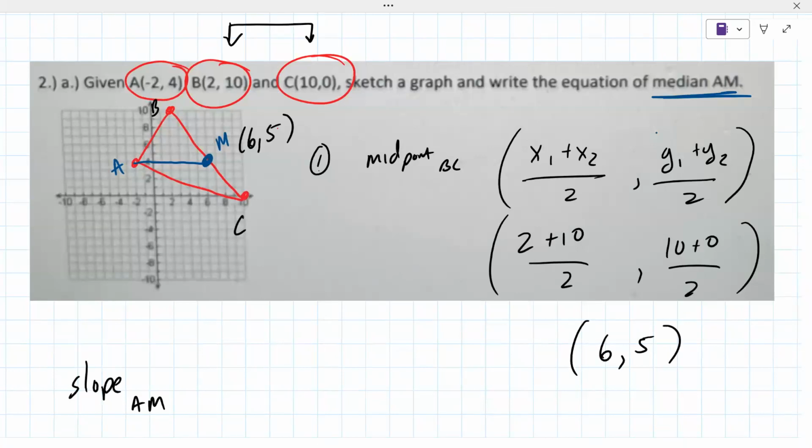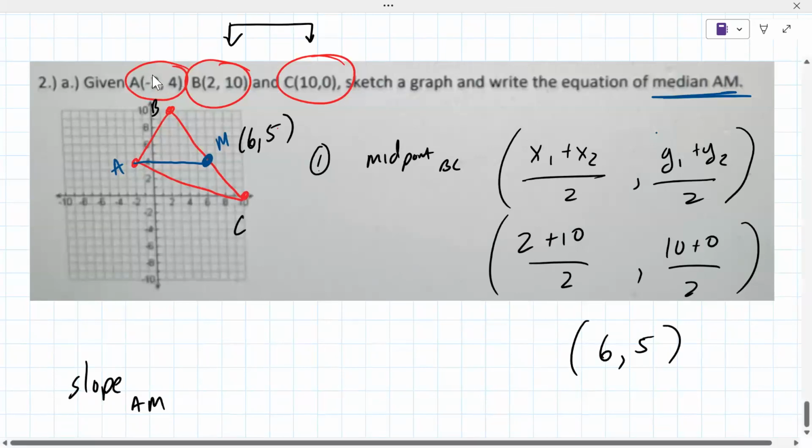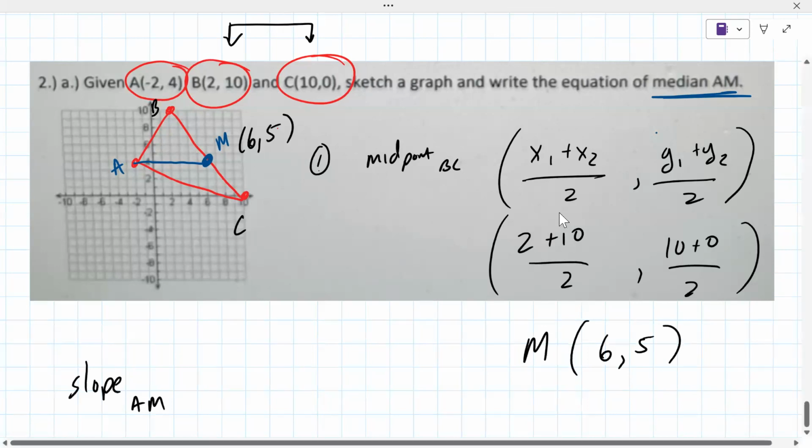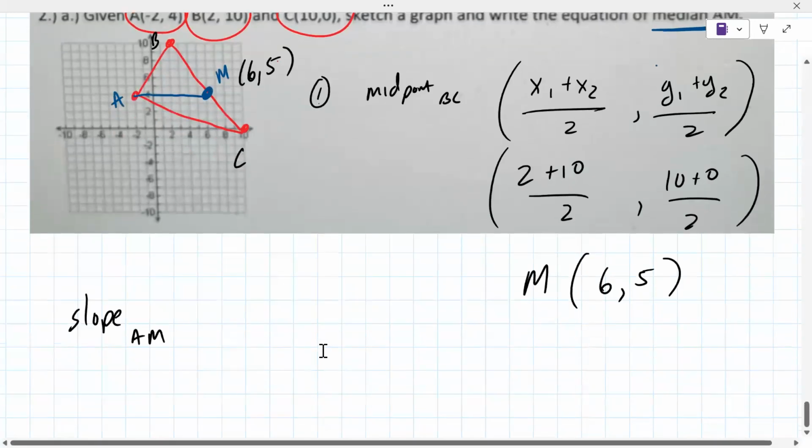Okay. So you have point A is -2, 4. M is 6, 5. I want you to find the slope between them. For that, I'm doing y2 minus y1.